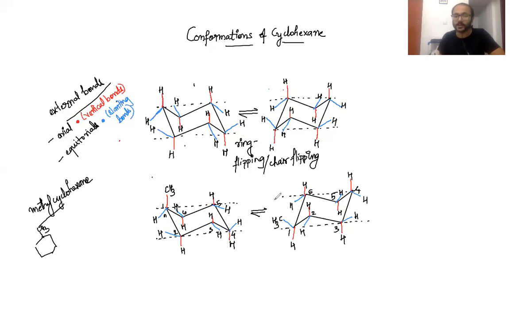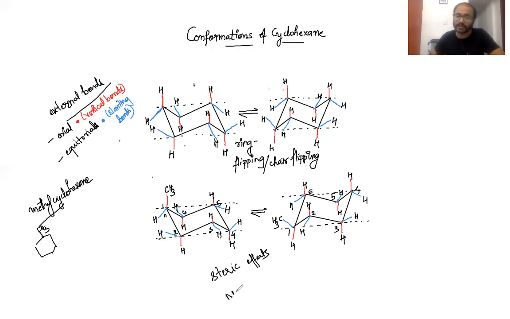Now, what I would like you to do is try to find out why one of the structures is more stable than the other. Try to think in terms of steric effects.